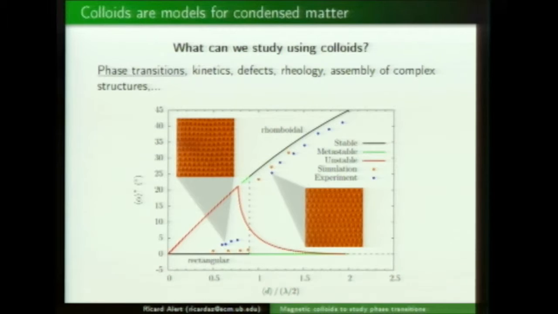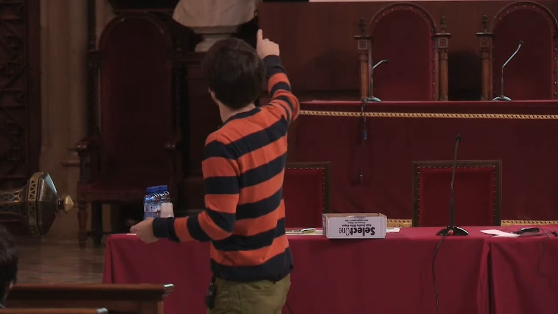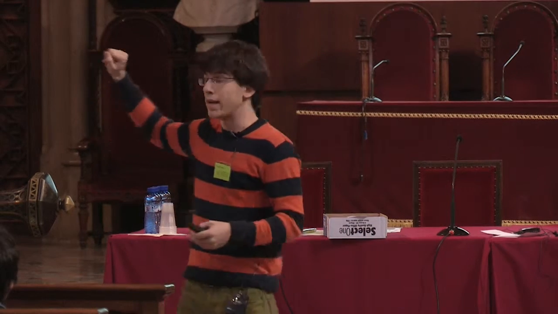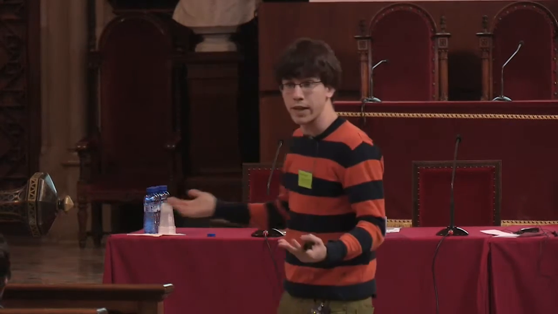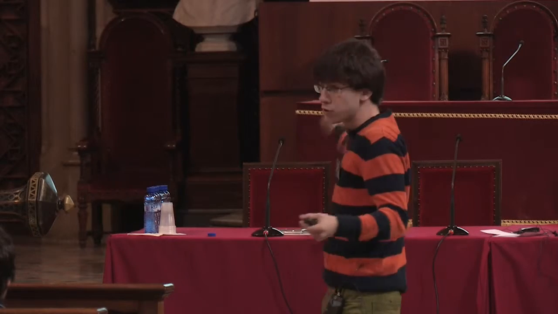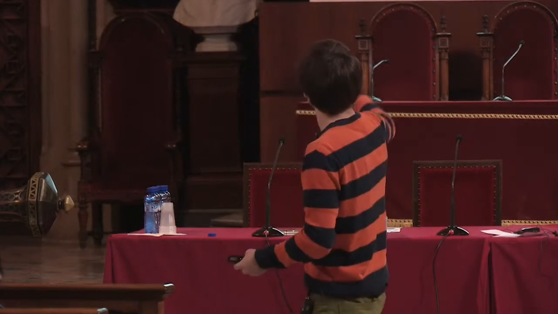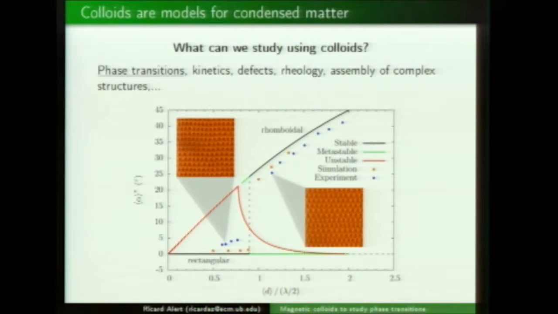For example, phase transitions, which is what I study, but also the kinetics of these phase transitions, and also defects present in solids, for instance, or cracking. Also rheology of soft matter, liquids, lots of things. And also how to assemble complex structures in materials. Anything related to condensed matter can be studied using colloids in a very simple fashion.